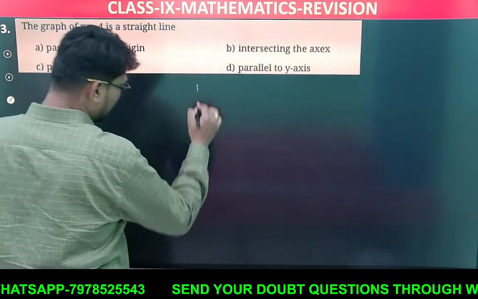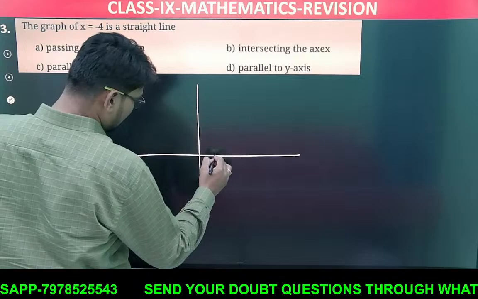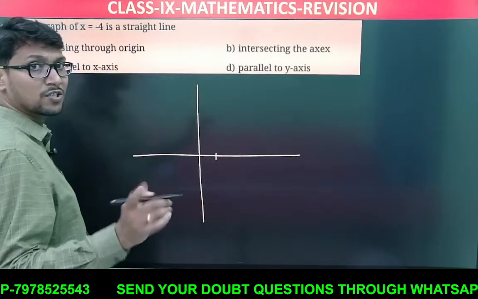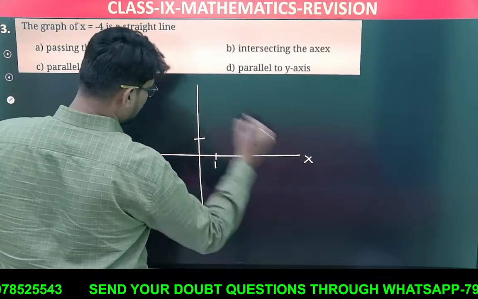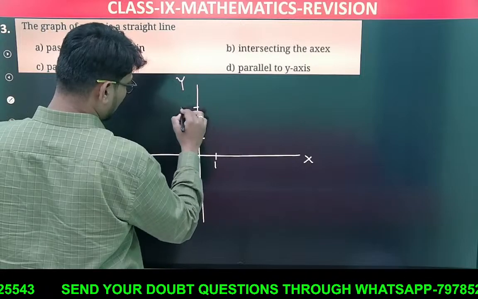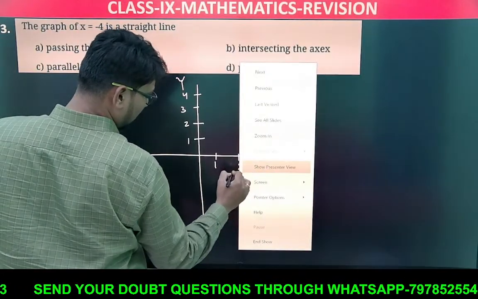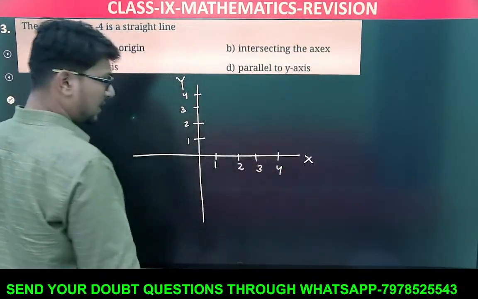Check it. This is the Cartesian plane, you know, right? Let us take x constant, say x is 1. X does not change. This is 1. This is the x-axis, this is the y-axis, and this is 1, 2, 3, 4 on the x-axis.